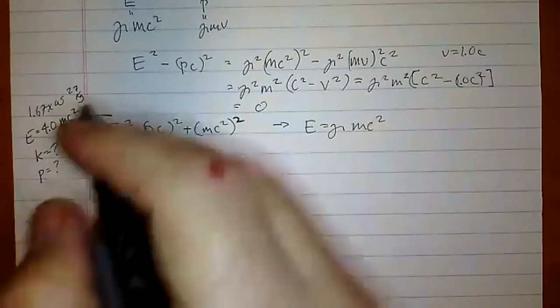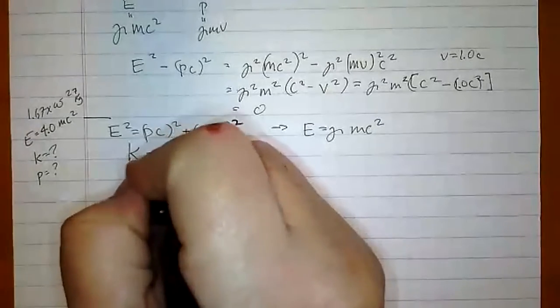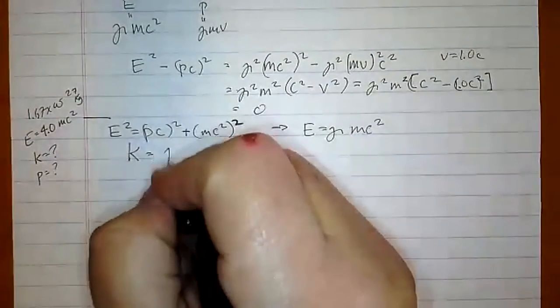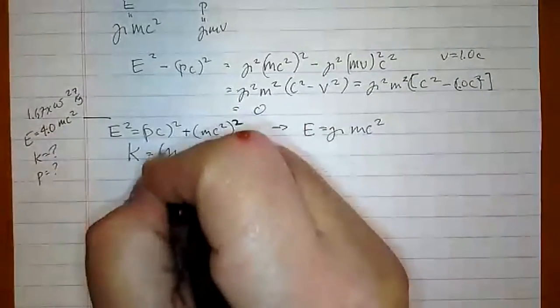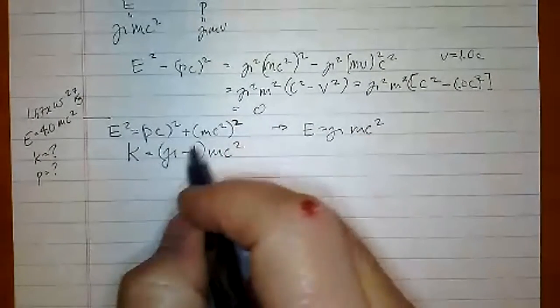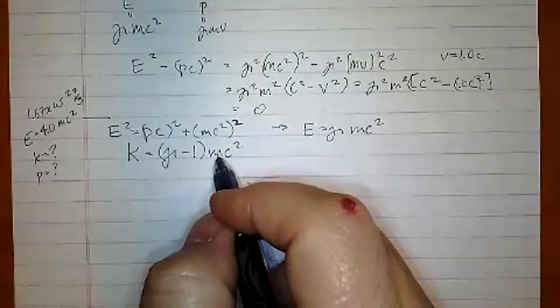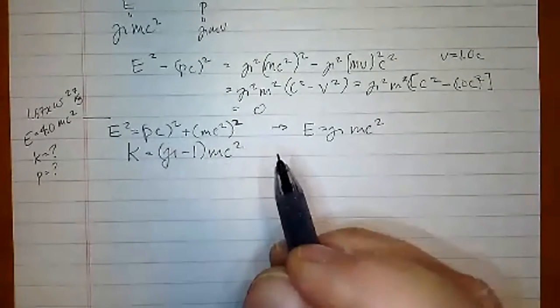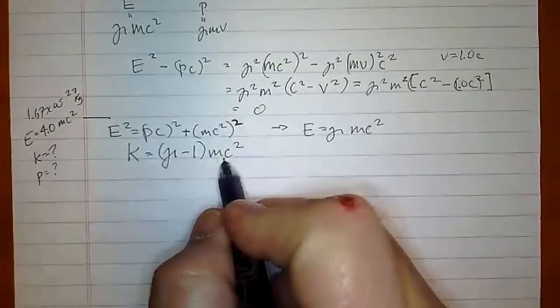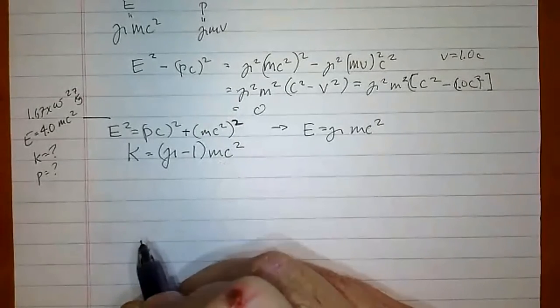Okay, and they ask you first for the kinetic energy. Do you remember the formula for kinetic energy in relativity? I don't remember. It's gamma minus 1 times MC squared, because remember, one of those MC squareds is the rest energy, and the rest has to be the kinetic energy. So that's why they're subtracting 1 MC squared from it.